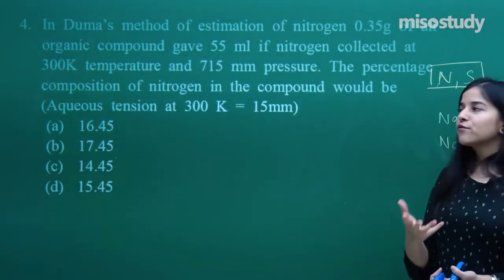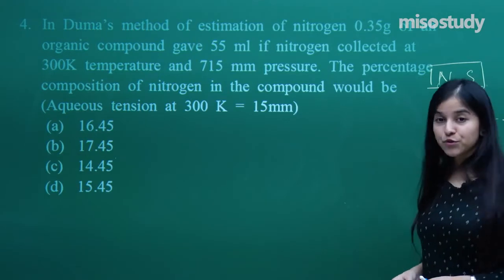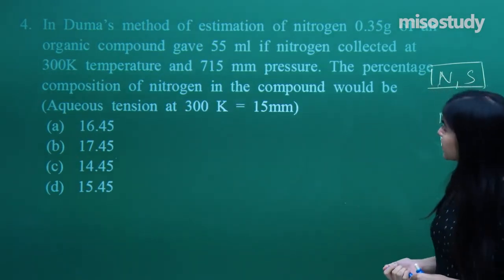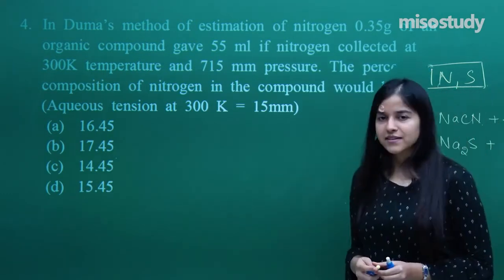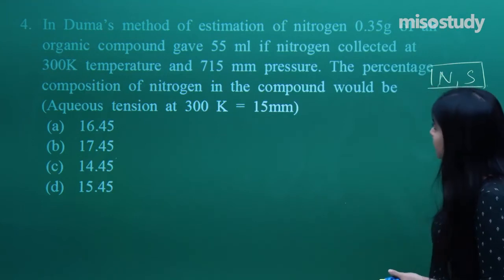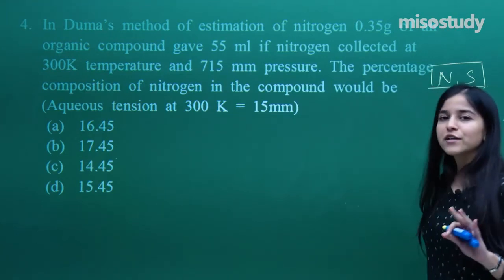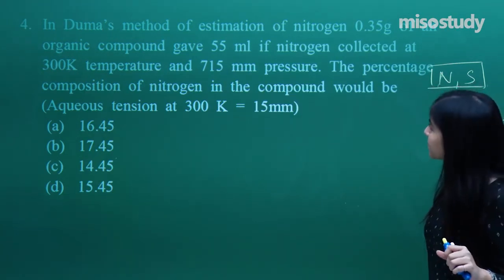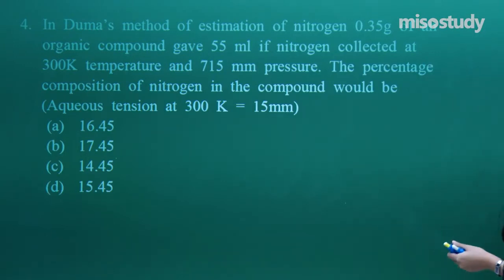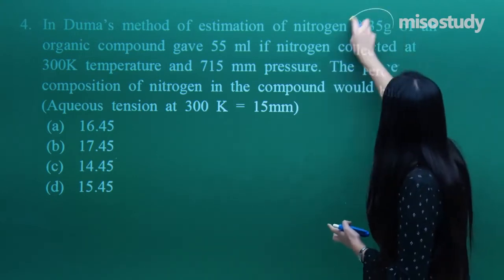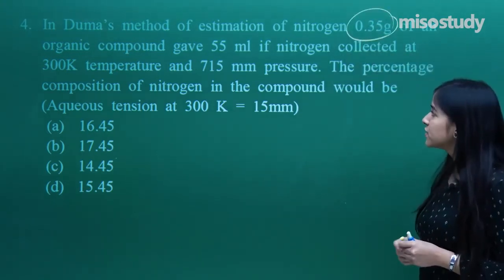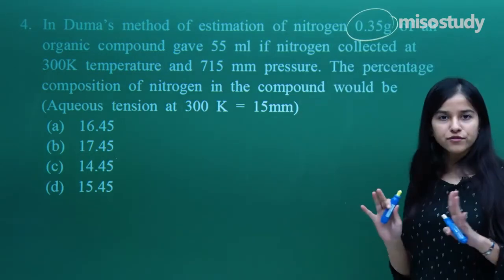Again we have got a question related to the Dumas method, and as far as I think, it is a similar kind of question to what we have discussed in the previous questions, and only the values have been changed. So in the Dumas method of estimation of nitrogen, 0.35 grams of an organic compound gave 55 ml of nitrogen.